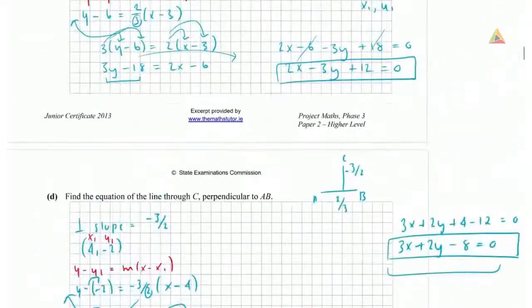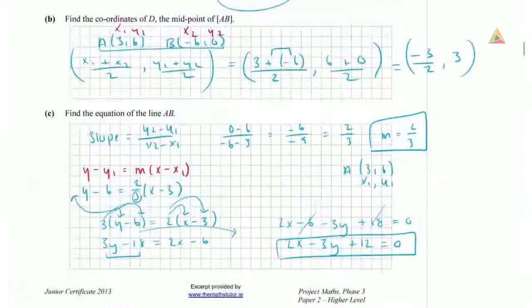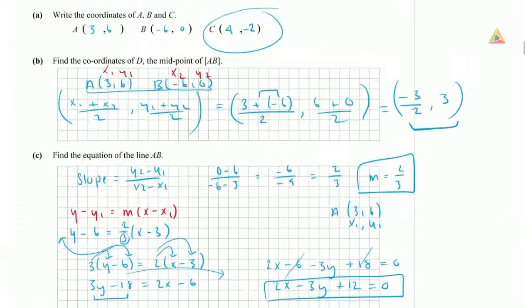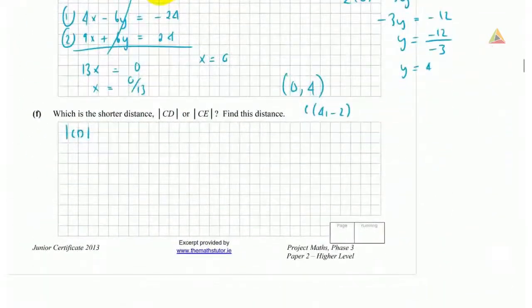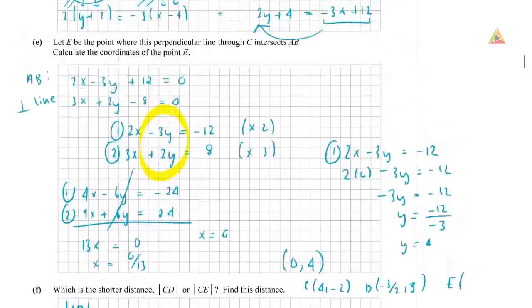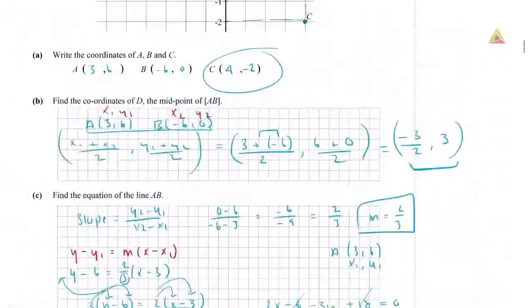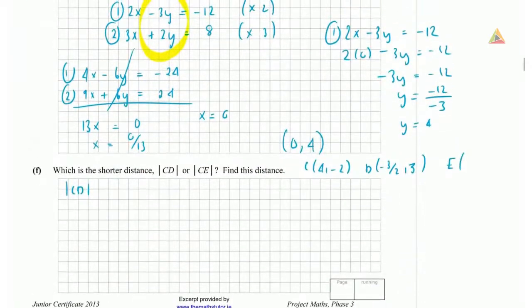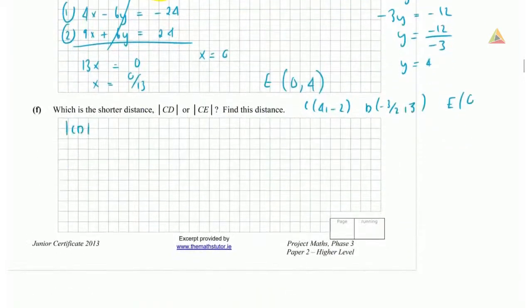D is minus 3 over 2, and 3. And E, the coordinates of E, which is what we just got, is 0 and 4. So first of all, we need to get CD.